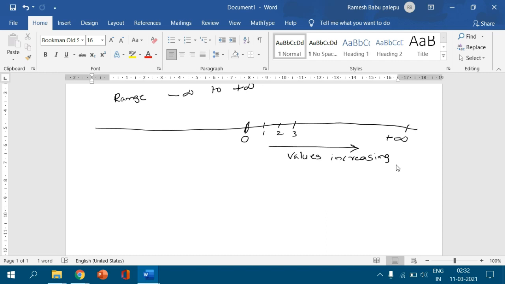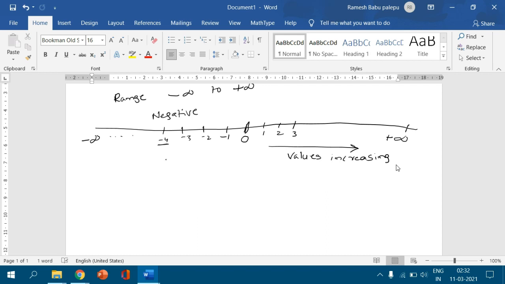Suppose on the left side of the zero are known as the negative numbers, that is -1, -2, -3, -4, and so on. We go to minus infinity. So we call them negative numbers. To represent negative numbers, we use the minus sign before them.